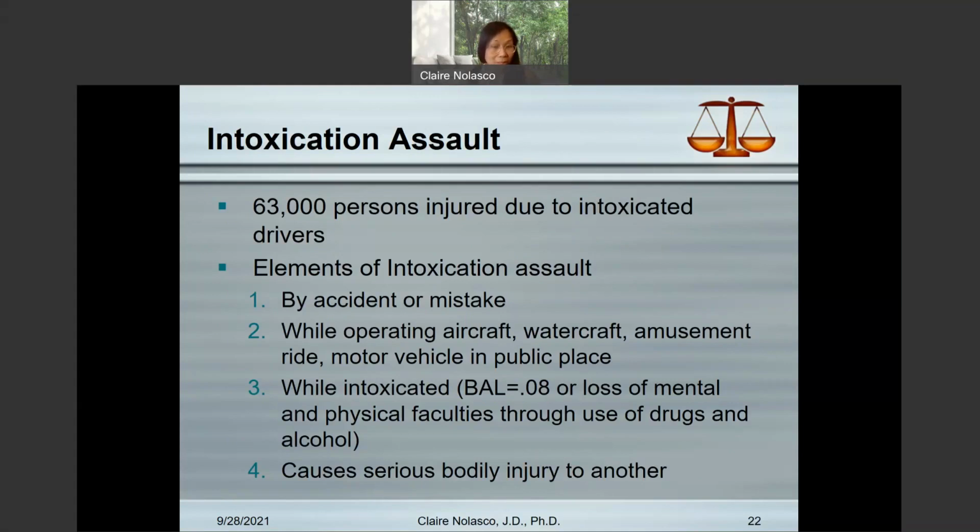So what does intoxication mean? His blood alcohol level must be 0.08, or even if it's less than 0.08, let's say 0.06, but he has lost his mental and physical faculties through the use of drugs and alcohol, meaning he can't function normally. Fourth, he causes bodily injury to another. So that would be intoxication assault.